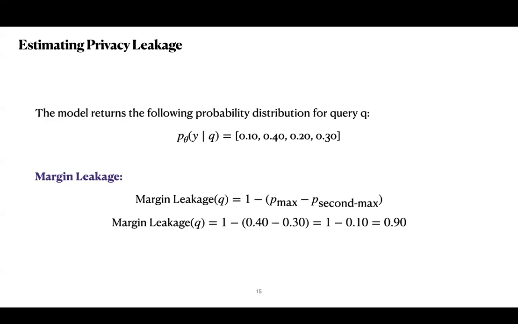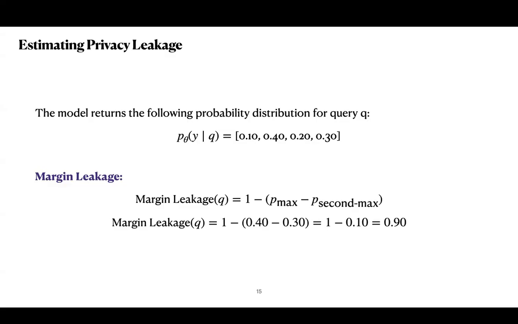And the last question involved the estimation of privacy leakage. Estimating privacy leakage is important in case you want to have a defense against an attack. For example, in one of the examples you saw in the lecture, you adjust the cost based on this leakage, so having an estimate of it is important. One of the ways to infer this leakage was the margin leakage.